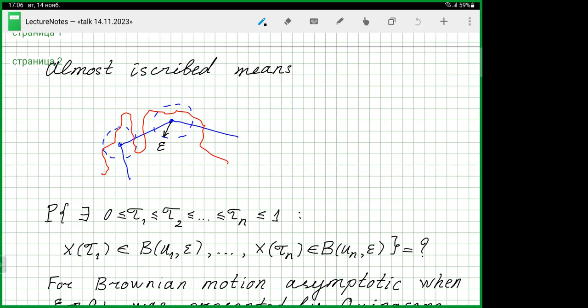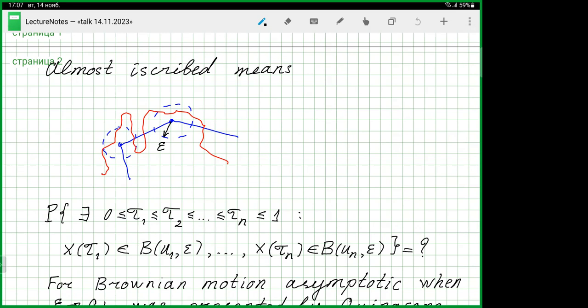We are looking for the probability that there exists a sequence of random times, ordered in non-decreasing order, such that X(tau_1) belongs to B(u_1, epsilon), X(tau_2) belongs to B(u_2, epsilon), and so on, X(tau_n) belongs to B(u_n, epsilon).